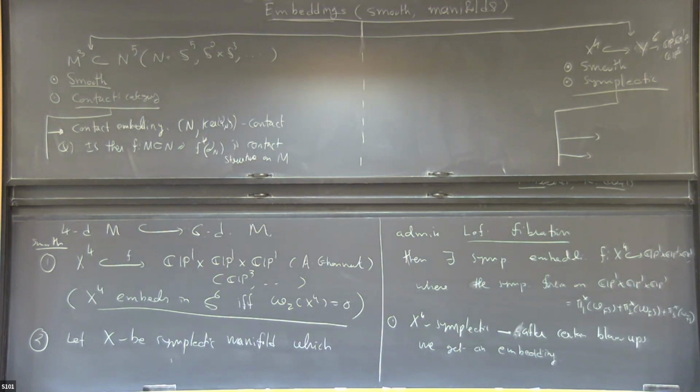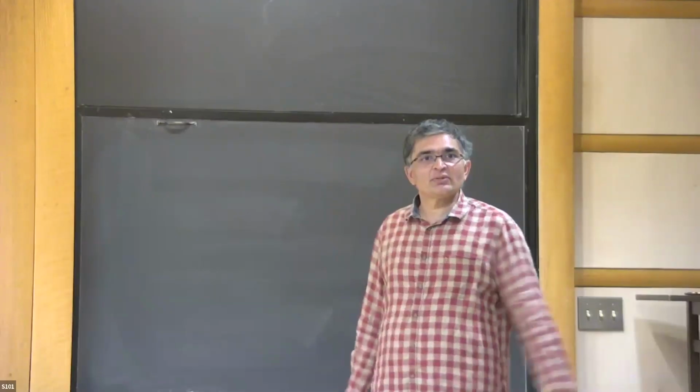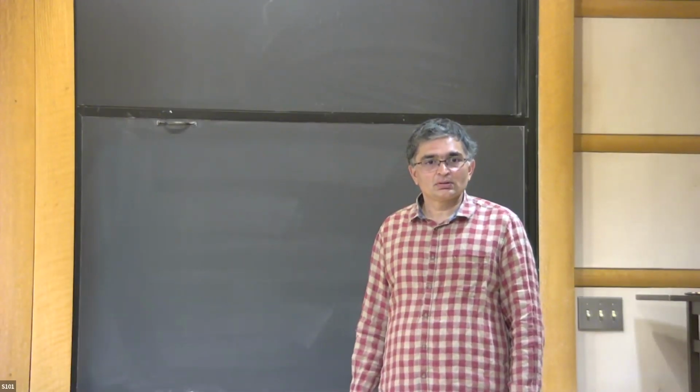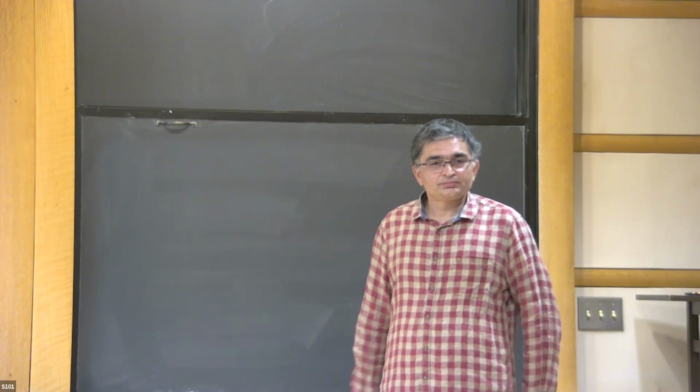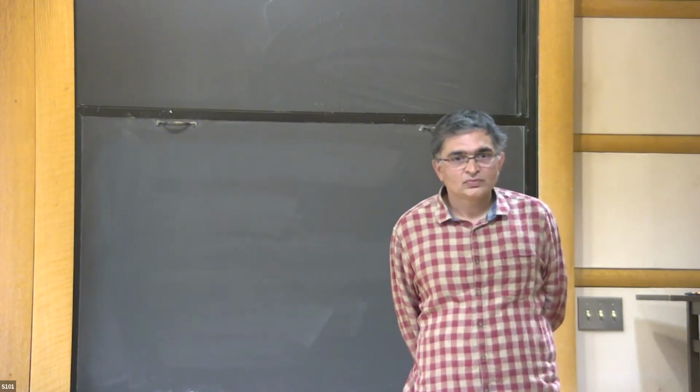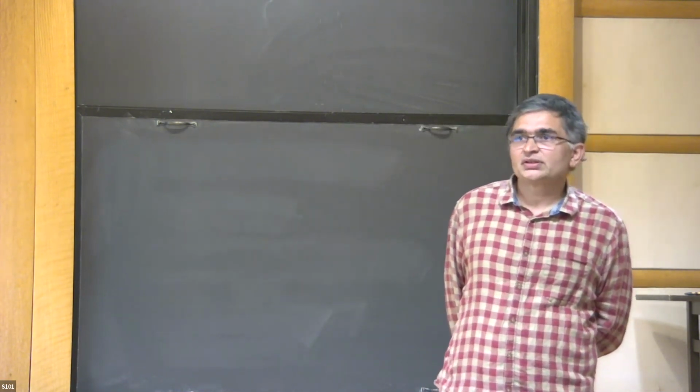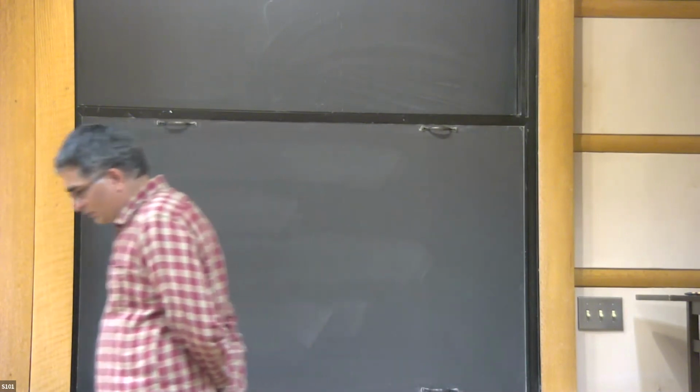I'm saying that this question is somewhat easier to understand when you don't take an arbitrary symplectic manifold, but restrict yourself to the class of symplectic manifolds coming from algebraic geometry. But for this condition about existence of a Lefschetz fibration, you don't know if it's necessary. It's sufficient, but maybe it's not necessary.